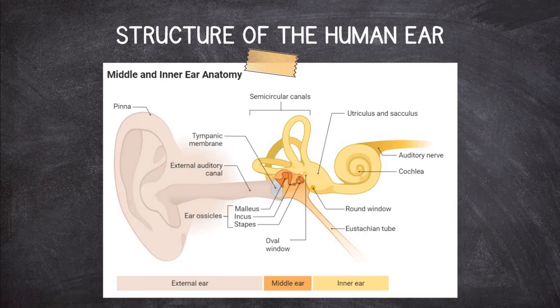And then we have the semicircular canals, the utriculus and the sacculus, which are in here, the cochlea, which leads to the auditory nerve over there, and then the round window as well as the oval window. Okay, so that's the oval window, and this is the round window, and then the Eustachian tube. And you can see that this ear is divided into three separate sections, right? The external ear, the middle ear, and then the inner ear.